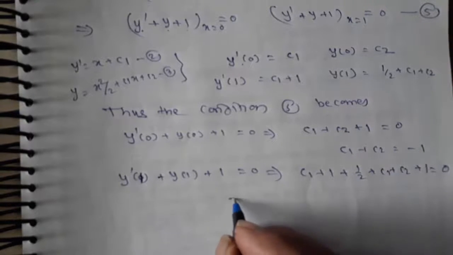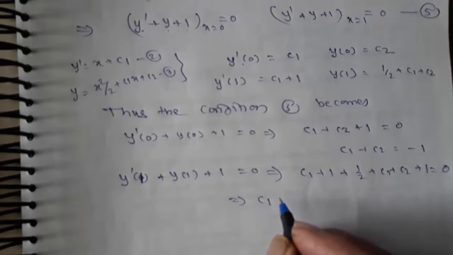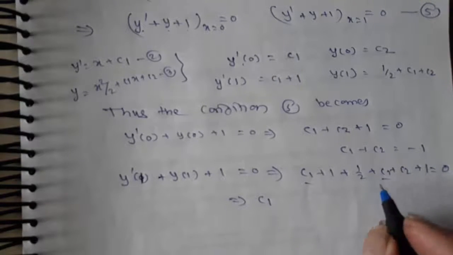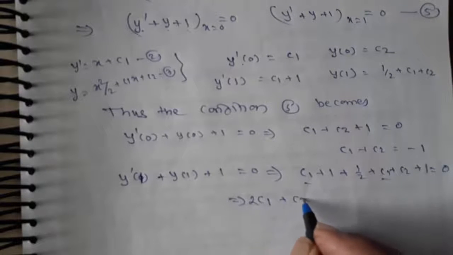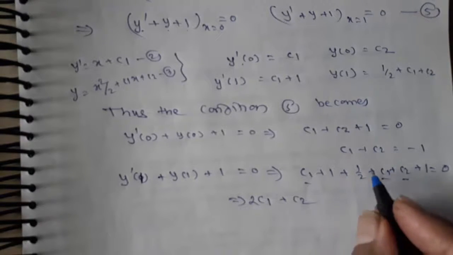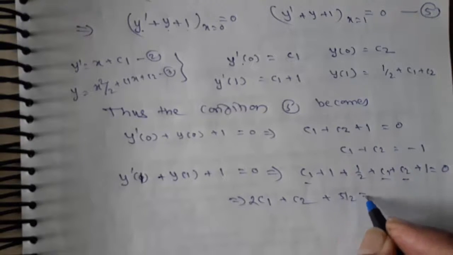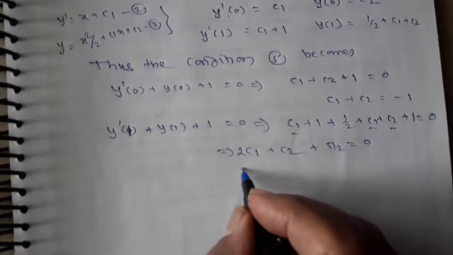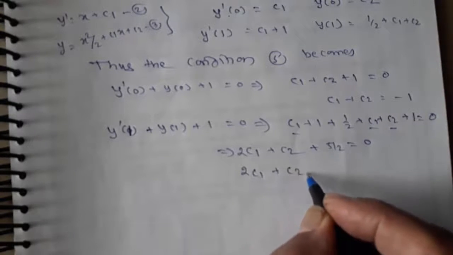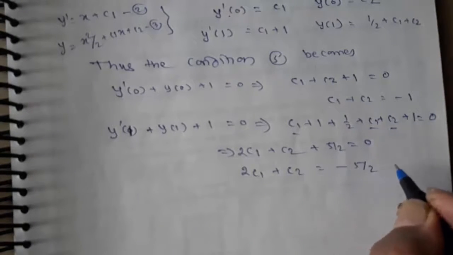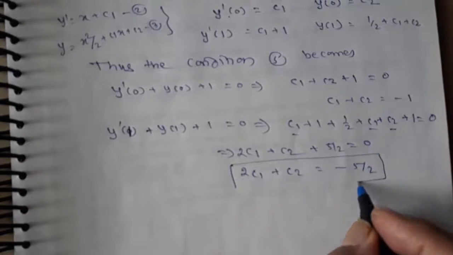This becomes 2c1 plus c2 plus 5/2 equal to 0. And from this we get 2c1 plus c2 equal to minus 5/2. We shall solve these two equations for c1 and c2.